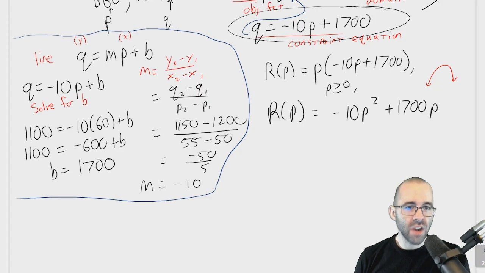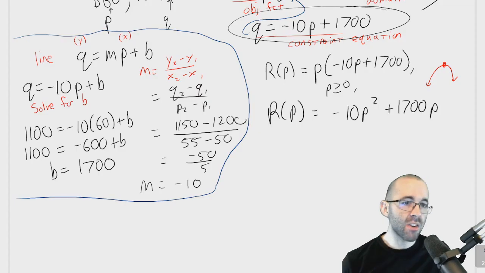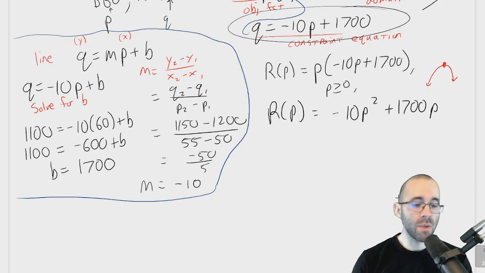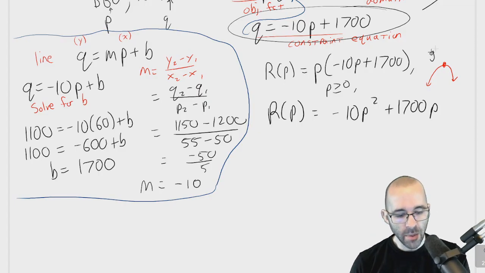So we know that a quadratic function is going to have a maximum at the vertex. In the past, we used a vertex formula to find where the vertex happened. Now let's find the vertex with calculus, because we know that vertex will be the global maximum, and we want to maximize the revenue.